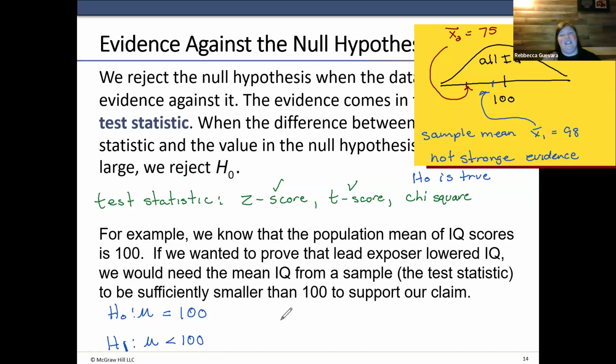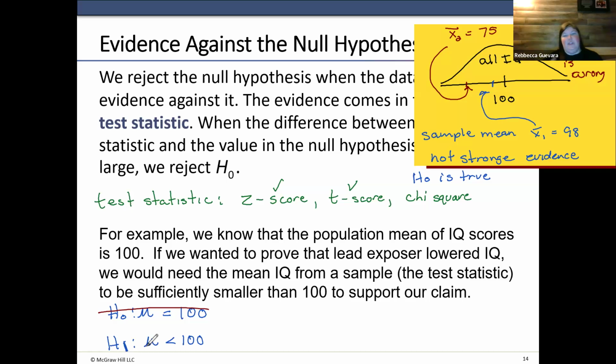So what we'd have here is that 75 is a lot farther away. This is probably stronger evidence. So this is strong evidence that the null hypothesis is wrong. And if the null hypothesis is wrong, then we have to go to the alternative, which is that IQ scores have actually gotten lower.